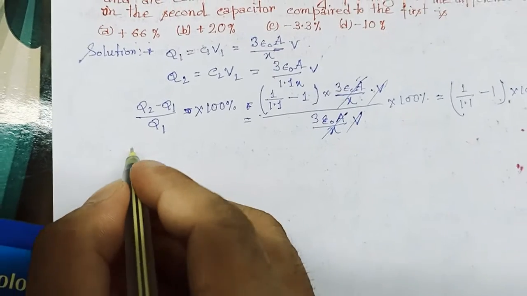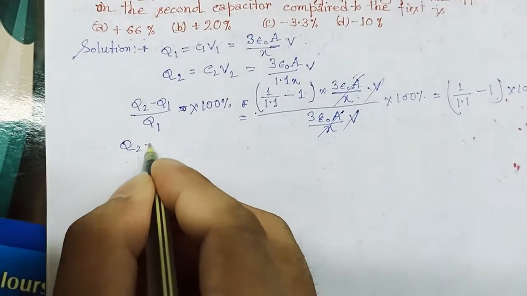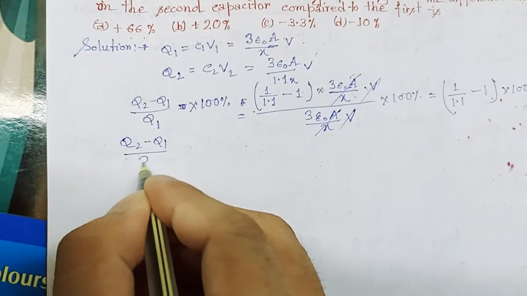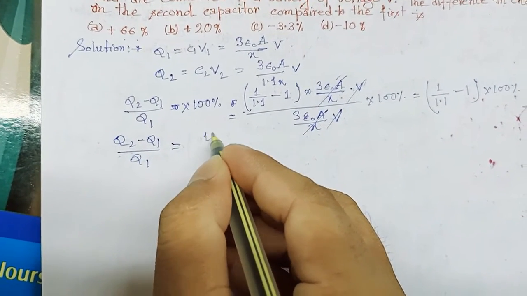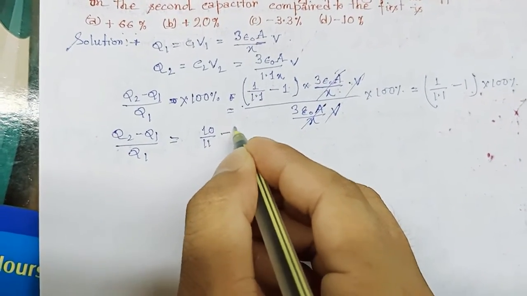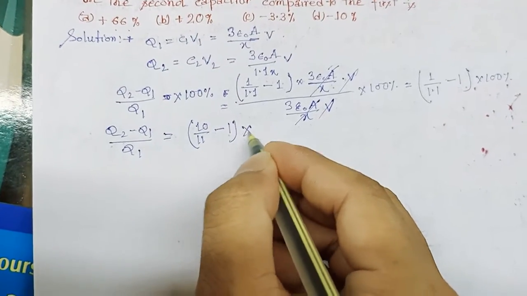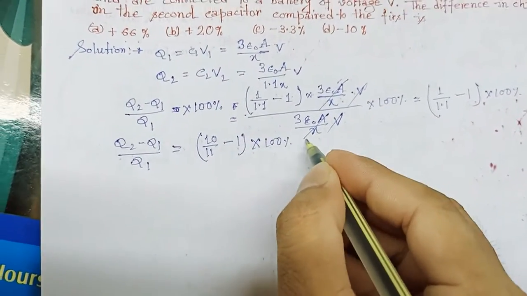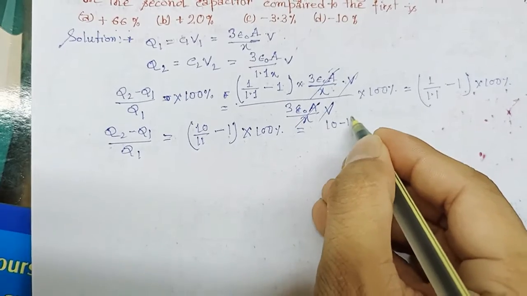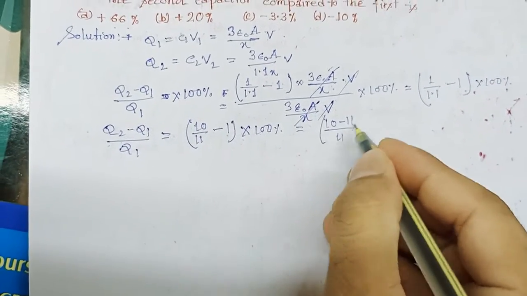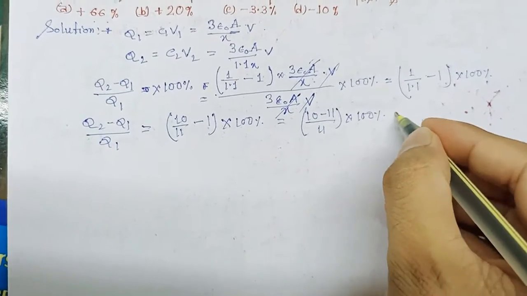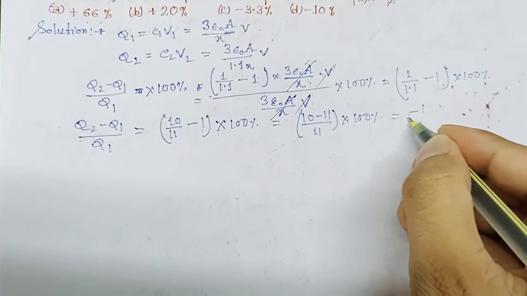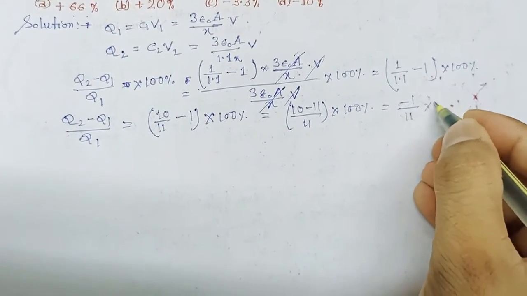So our value (Q2 minus Q1) divided by Q1 will be equal to 10 divided by 11 minus 1, into 100%. So this value will become 10 minus 11 divided by 11, into 100%, which will be equal to minus 1 divided by 11 into 100%.